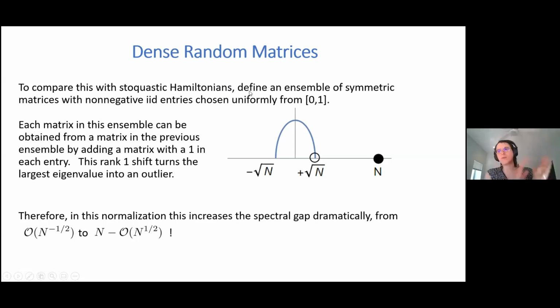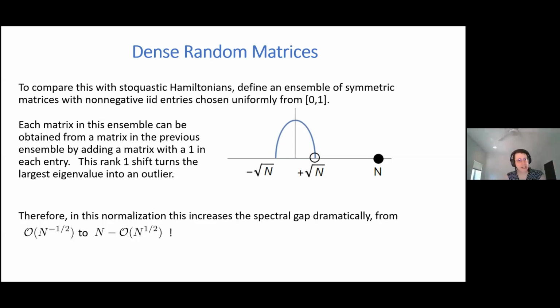Right, so we take the -1 to 1 ensemble and we take the absolute value of its entries. So every matrix in this new ensemble can be obtained from a matrix in the previous ensemble by adding a matrix that has a 1 in every entry. So this is a gigantic rank 1 matrix that we've added to mimic the absolute value operation with an additive shift instead.